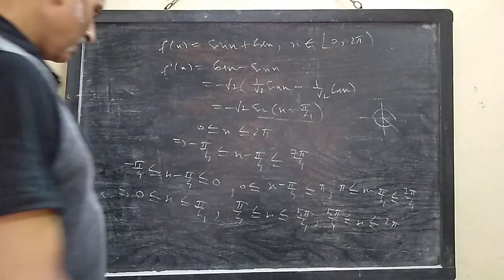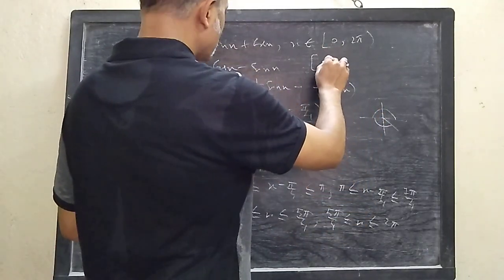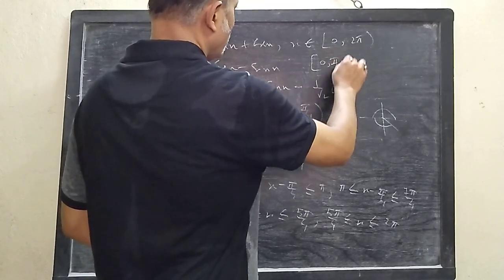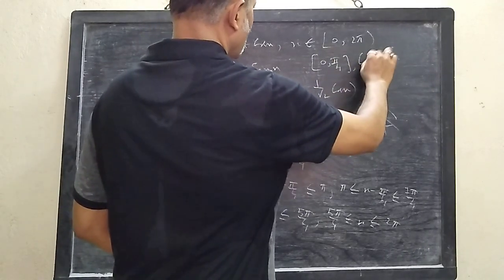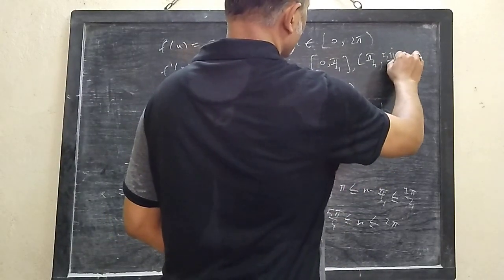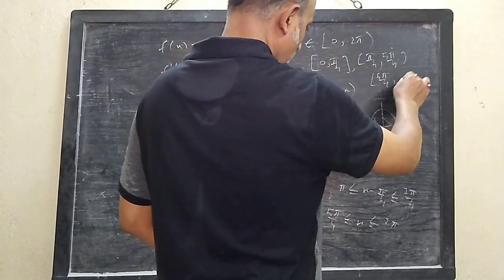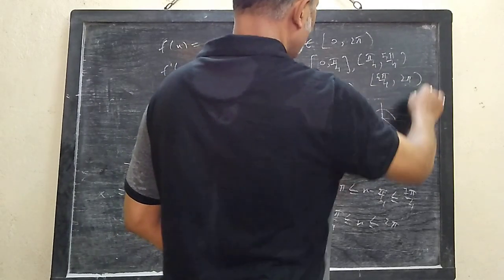So we have to study separately in the intervals. First one is 0 to pi by 4, then pi by 4 to 5 pi by 4, and then 5 pi by 4 to 2 pi.